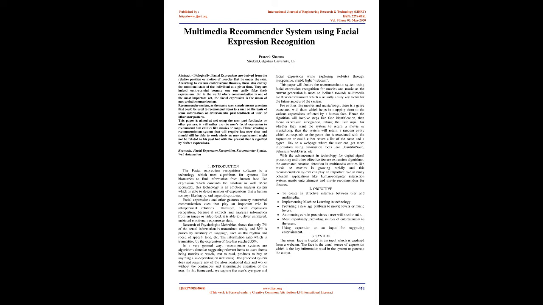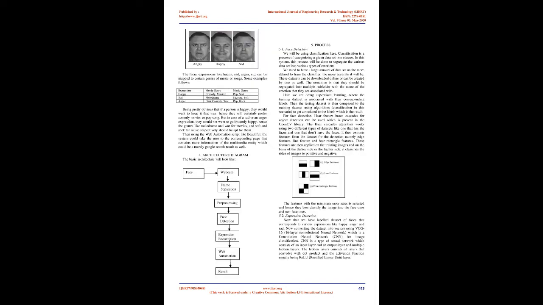Hence the algorithm will involve steps like face identification, then facial expression recognition, and taking the user input for whether they want the system to return a movie or music or song. Then the system will return a random entity which corresponds to the genre associated with the expression, or could either return a list of the same and a hyperlink to a web page where the user can get more information, using automation tools like Beautiful Soup, Selenium WebDriver, etc.